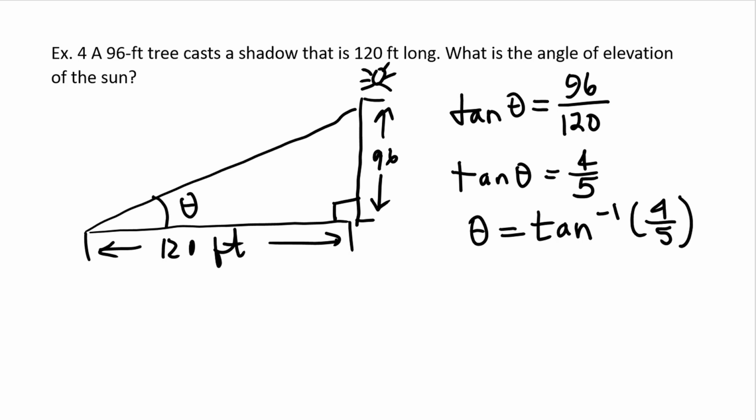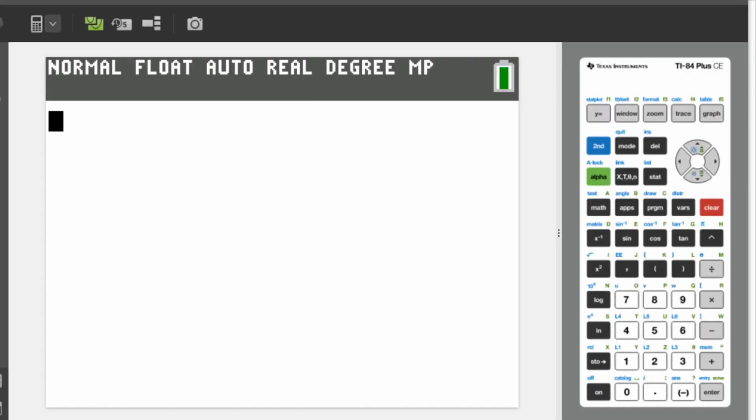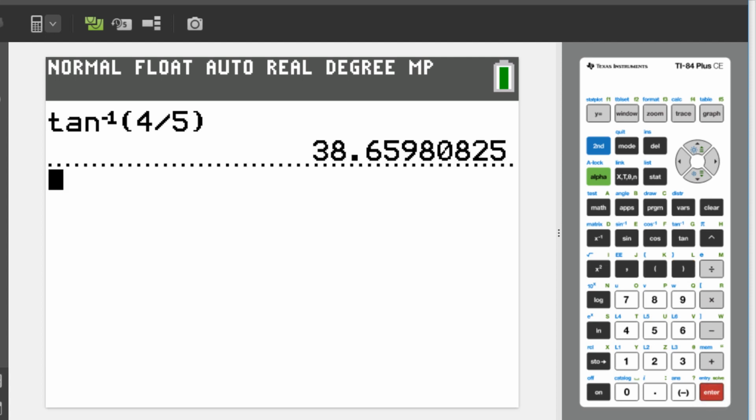Now we'll have to use some kind of technology to get an approximate degree measure, so let's do that. On my TI-84, I need the tan inverse key, so I'll push second, and tangent, which makes the tan inverse display. The ratio is 4 divide 5, press enter, and the degree measure is approximately 38.65980825.